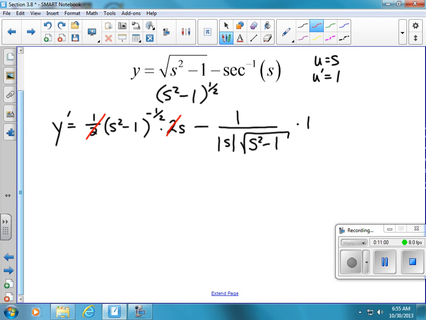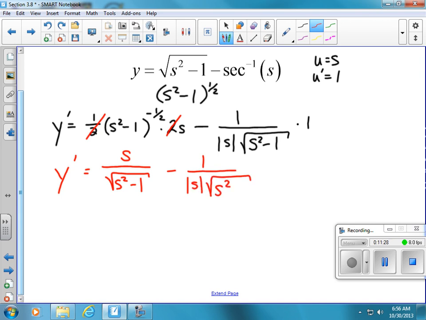If I rewrite this, s squared minus 1, and then we have times an s, correct? s is on top.